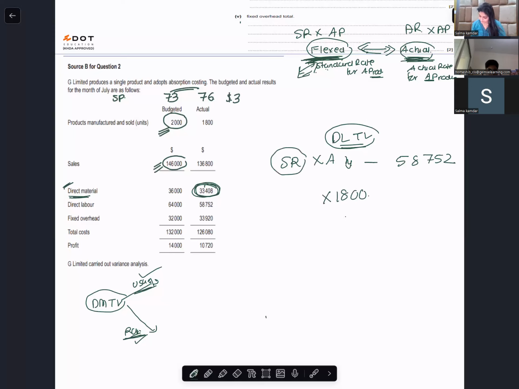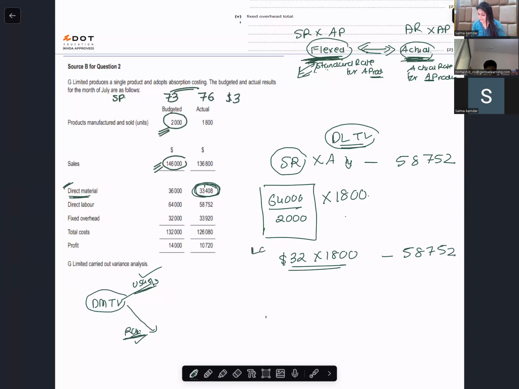We can calculate that: 64,000 divided by 2,000, so the standard rate is 32, into 1,800. So the labor cost as per flexed budget comes up to 57,600.